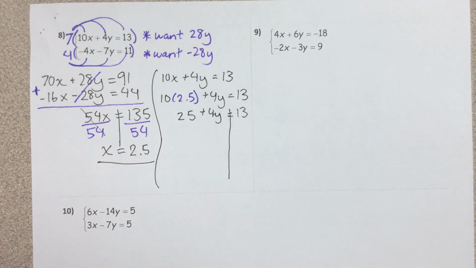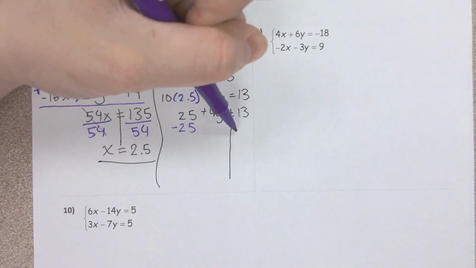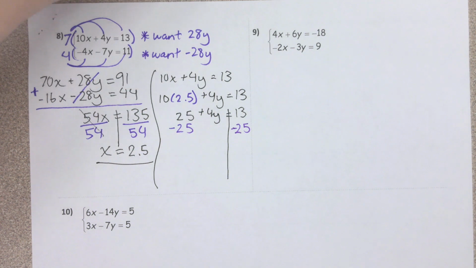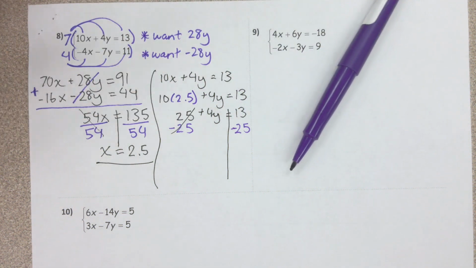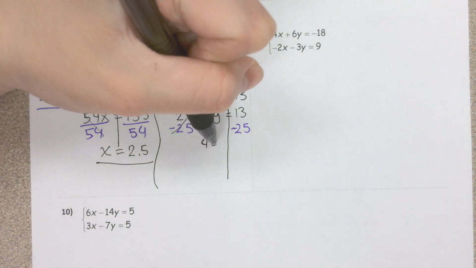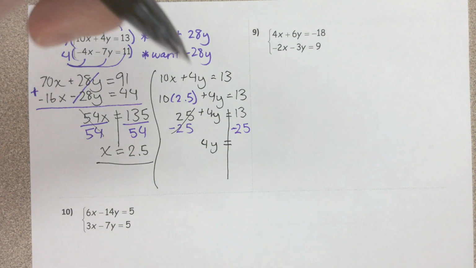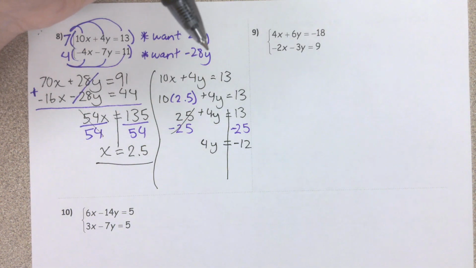And then I solve for y. So first off, I need to move the 25 over here. So I'm going to minus 25 on both sides. We have 4y equals, I believe that's 12. Negative 12? Yes. Negative 12.